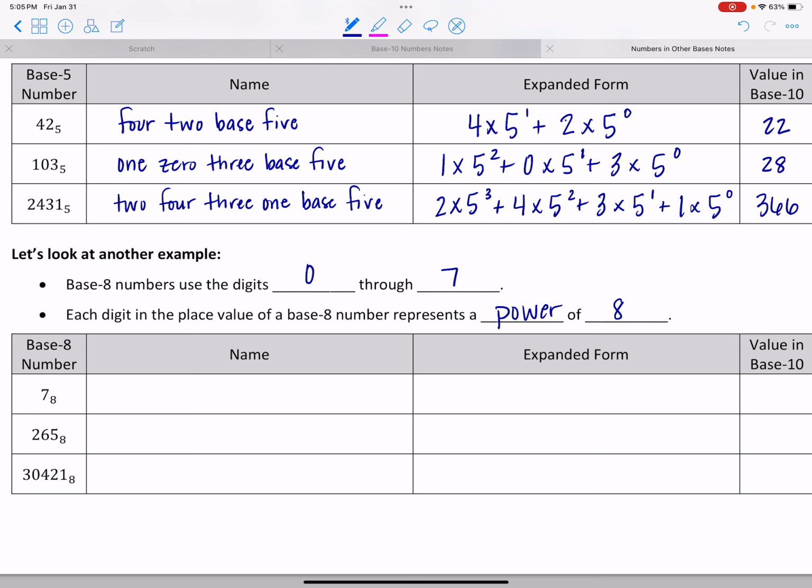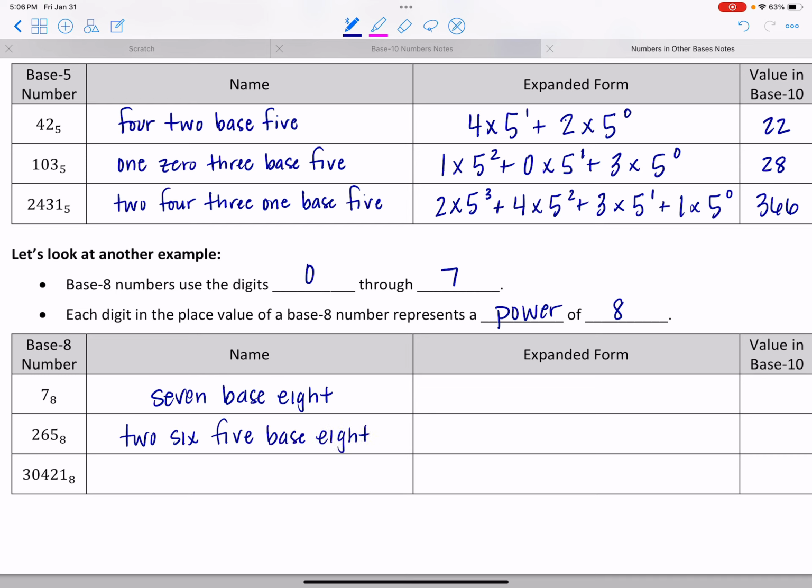Single digit numbers are the same in any base, so 7 base 8 is just 7, but it's base 8 now, so I want to make sure I state that. So I'll say 7, but I will say that we're in base 8. And again, not 265, but 265 base 8.